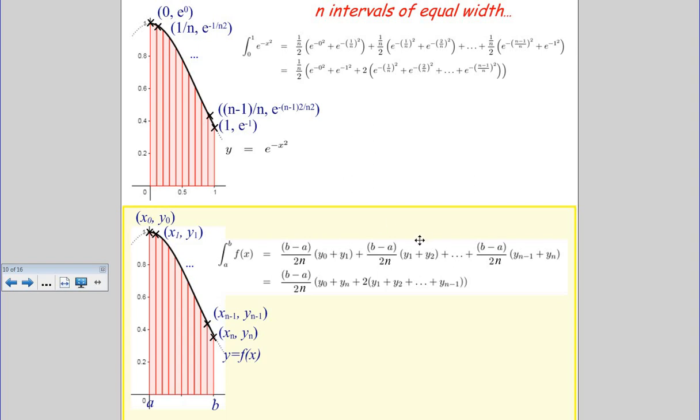So these are the individual areas of the trapezia, and you can see that we go y0, y1, then y1 again, y2, then we'll have y2, y3, and so on, all the way up to yn minus 1, yn. We only use the y0 and the yn once. So the end ones are used once, but all of the middle ones are used twice. So this gives us our trapezium rule, except this is a bit of a faff at the beginning, so we just simplify how it looks.